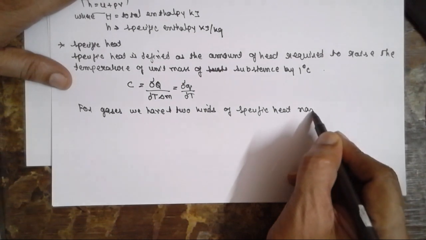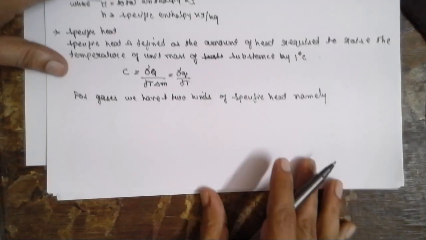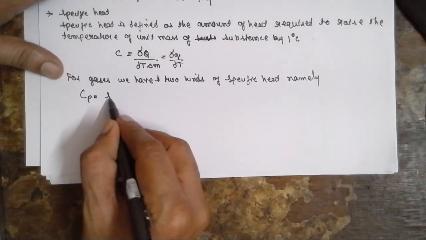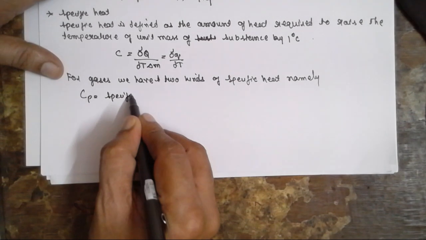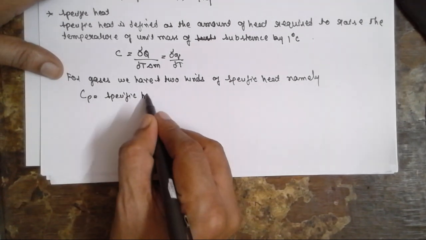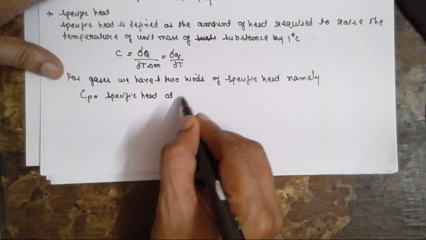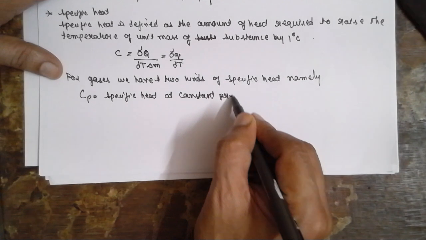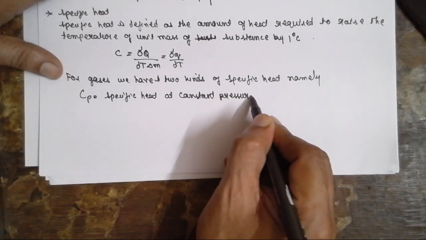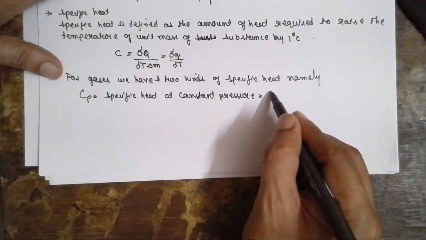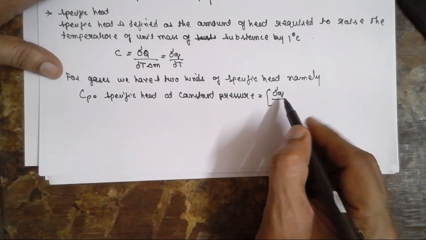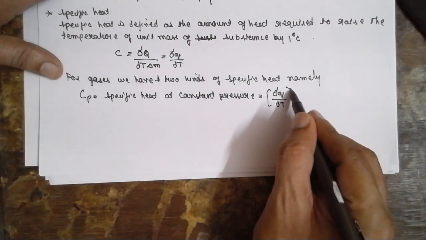Namely Cp, specific heat at constant pressure. For specific heat at constant pressure, we have to write delta Q divided by dt in terms of pressure.